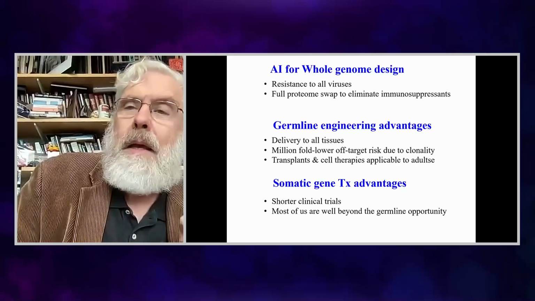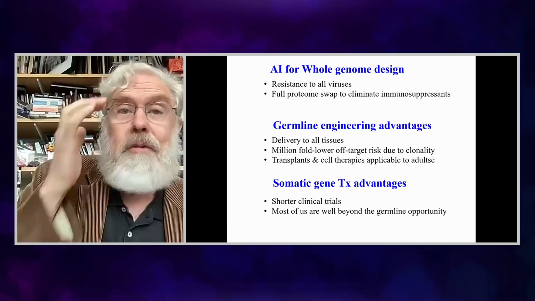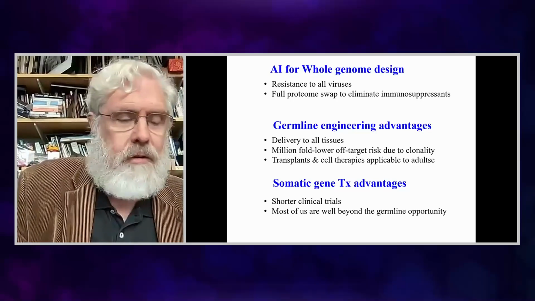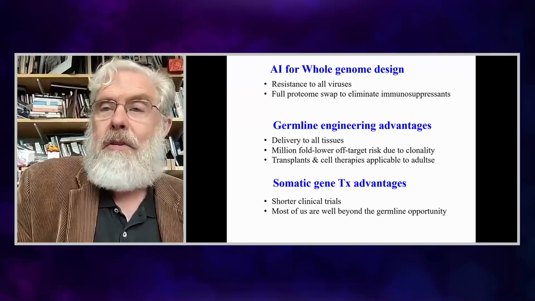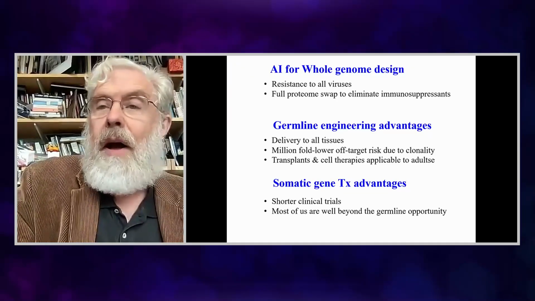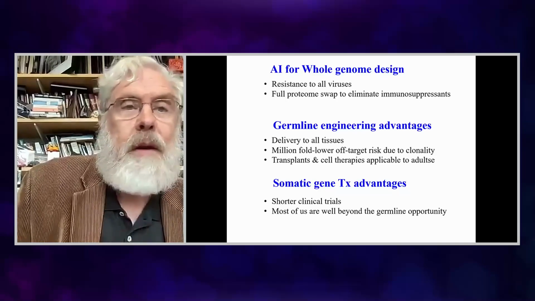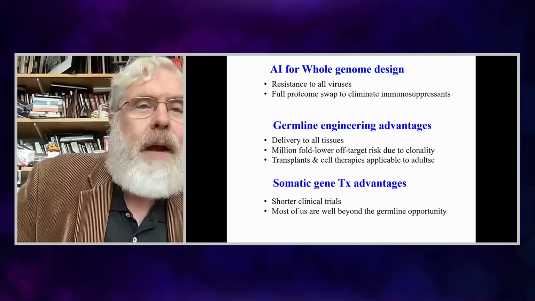We can make organisms resistant to all viruses, as you'll see in a moment. We're trying to extend that to a variety of other organisms, including human, but we're not there yet. But I'll show you the one case where we have got it.